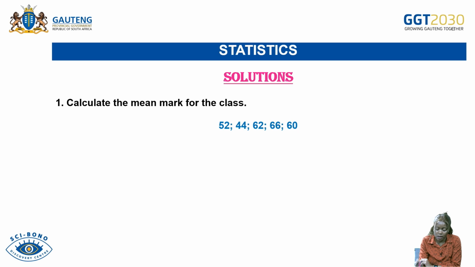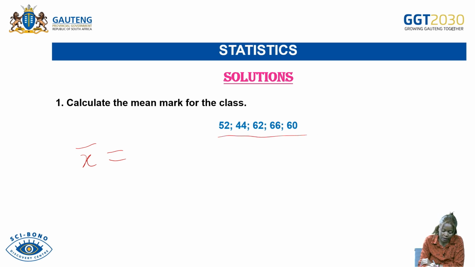Okay, let's go through the questions. Number 1 says calculate the mean mark for the class. Obviously you know how to find the mean by now. The mean, x bar, is equal to adding each and every value and then dividing by the total.